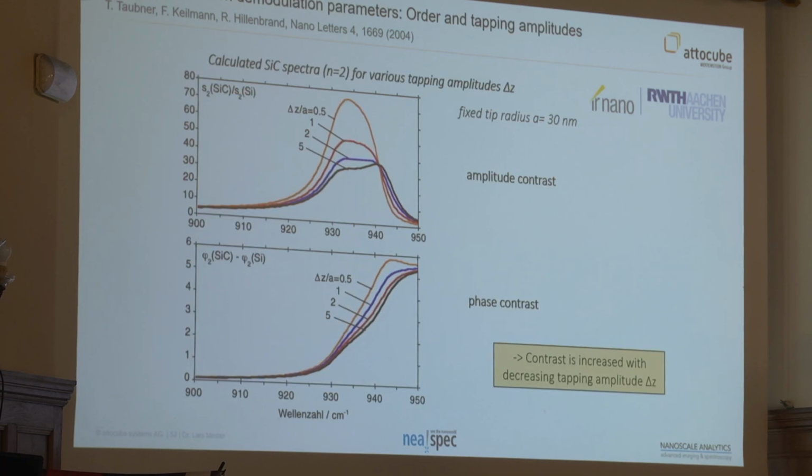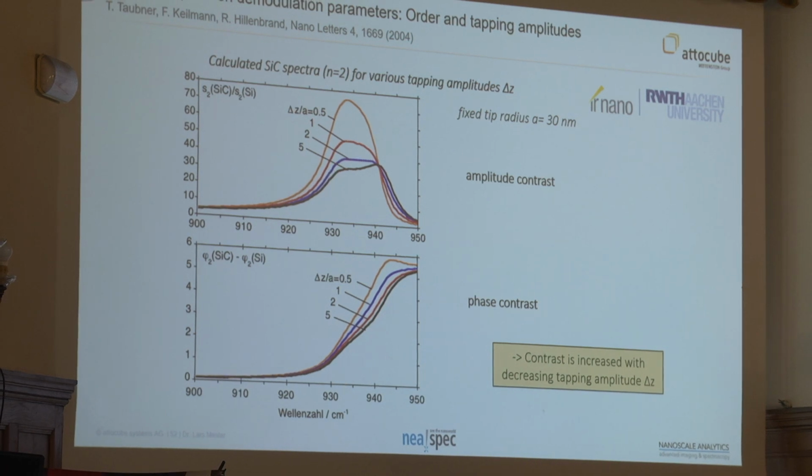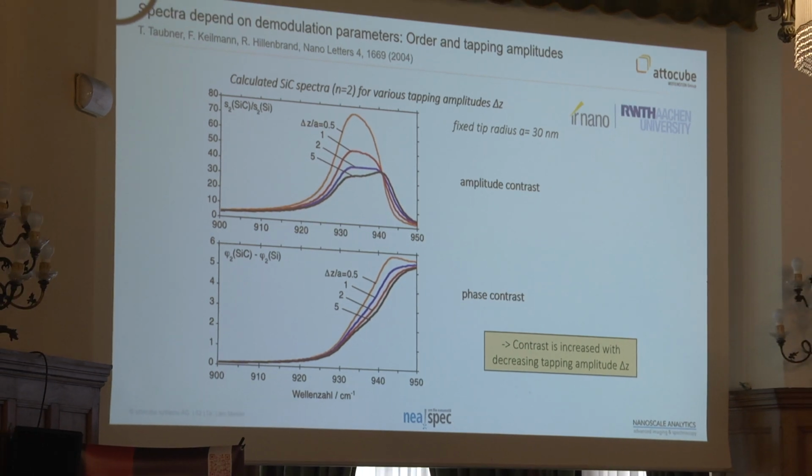These are now only calculations of the silicon carbide resonance, this phonon here, for 4 different tapping amplitudes. And they look very different. So if you put a different tapping amplitude during the measurement, you need to account for this also in your calculation. That's why it's important for this kind of samples, especially, to keep the experimental parameters constant.